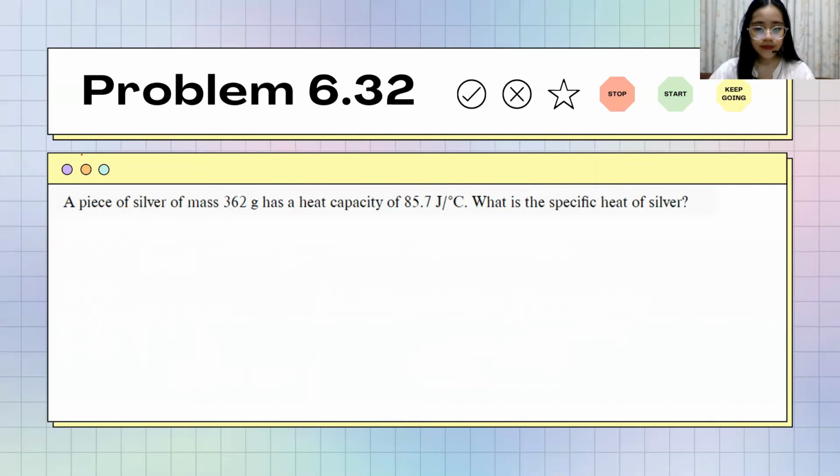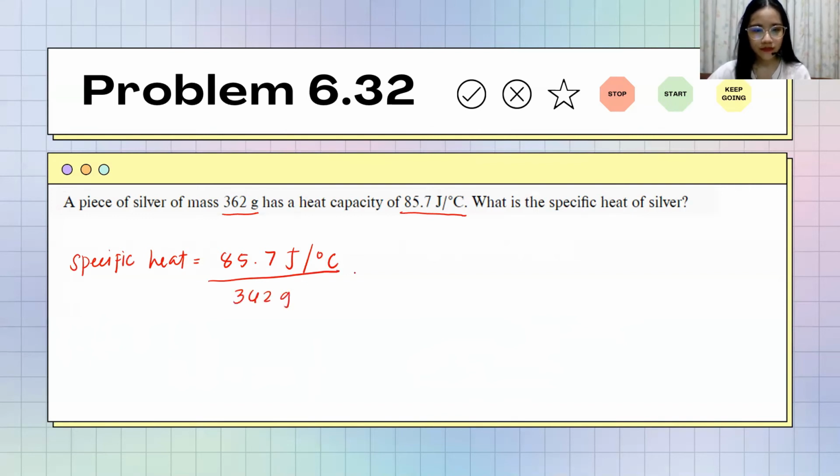So we can find the specific heat of silver by dividing the given heat capacity by its mass. So specific heat equals 85.7 joules per degree Celsius over 362 grams.